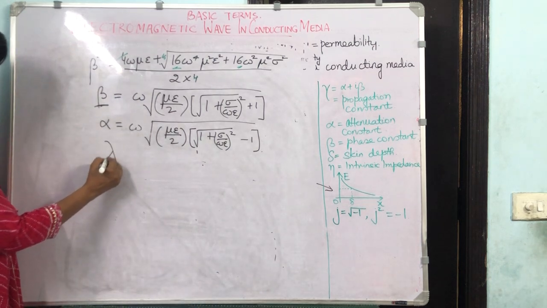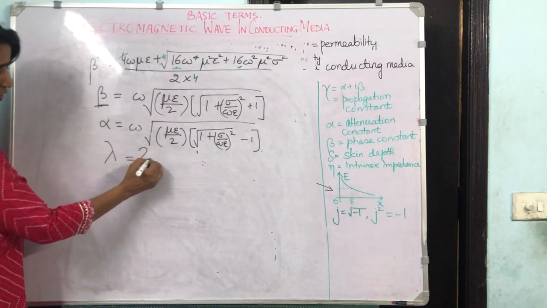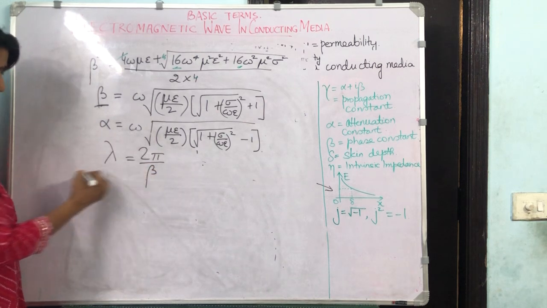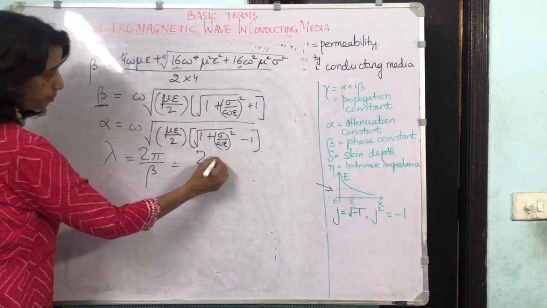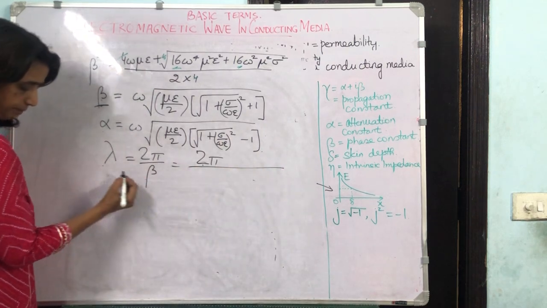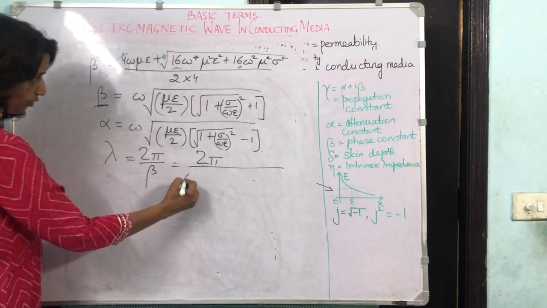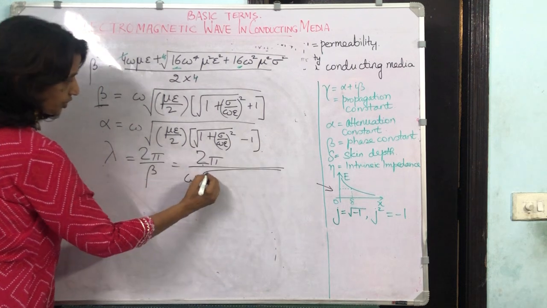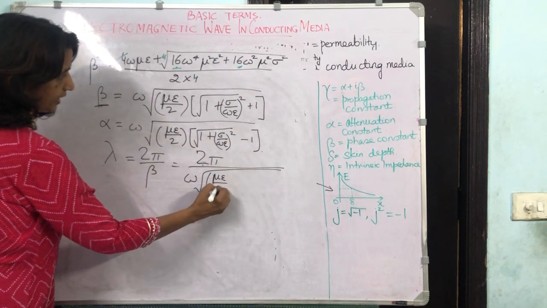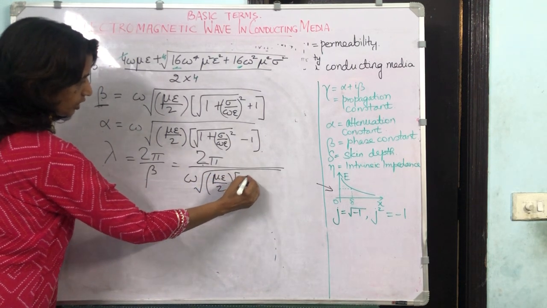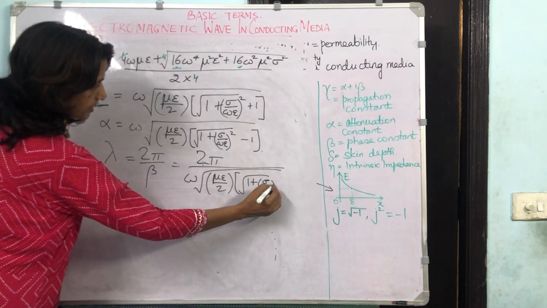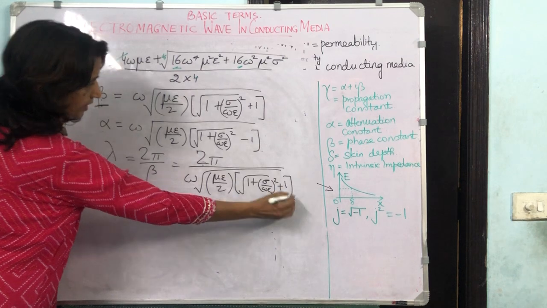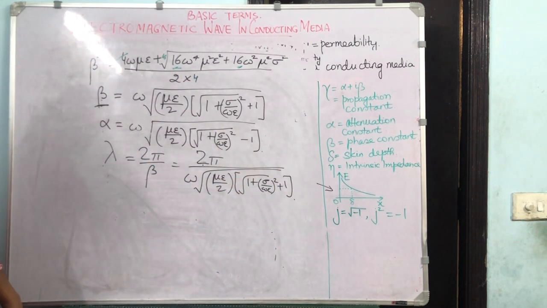Next term is wavelength. Lambda is 2 pi upon beta. So again you have beta with you, so it becomes 2 pi upon the beta value: omega under root mu epsilon by 2, 1 plus sigma upon omega epsilon whole squared, plus 1. This is the value of lambda.